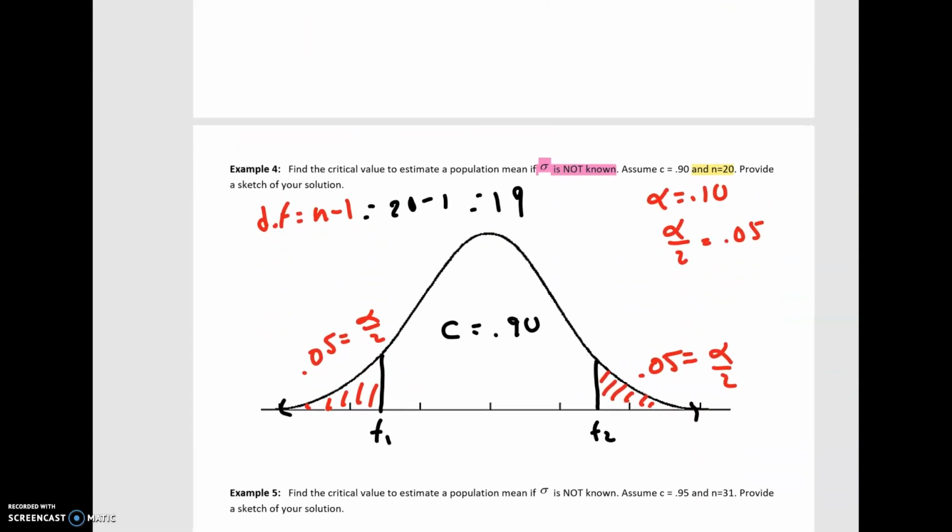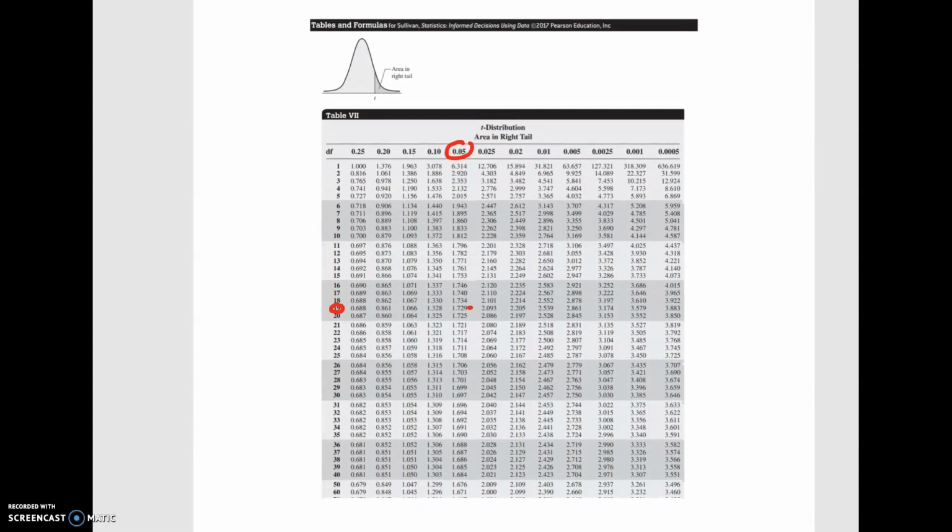So this is going to be 1.729. And this is approximately, as well, negative 1.729. And let me confirm the value again. It's at 19 degrees of freedom, and the area in one tail is 0.05.